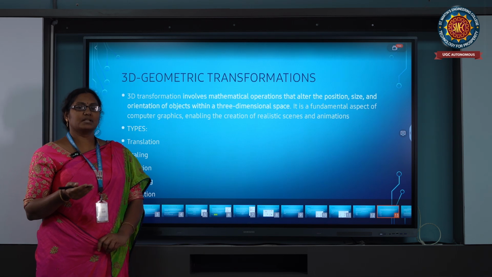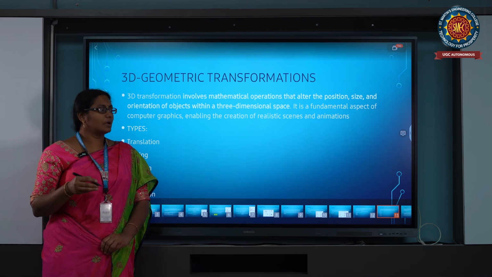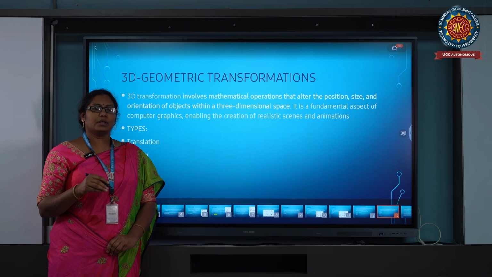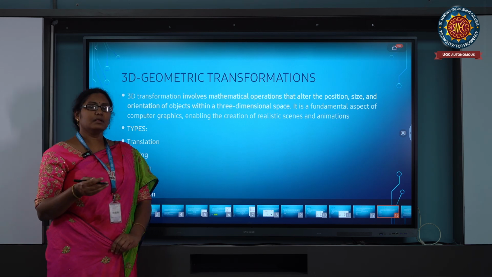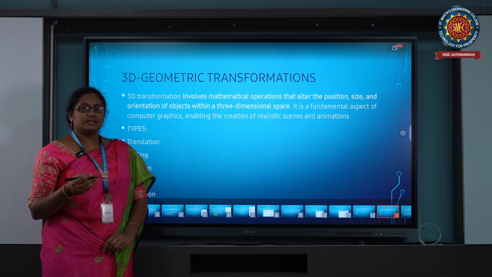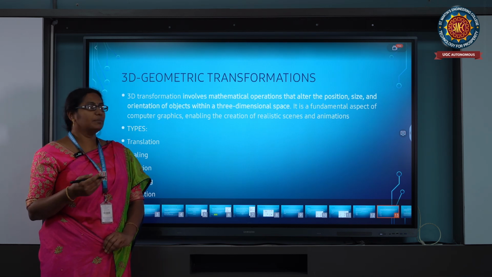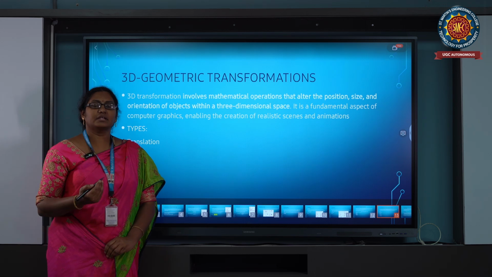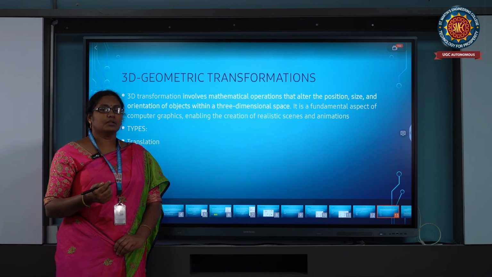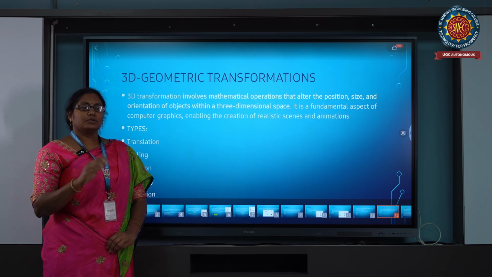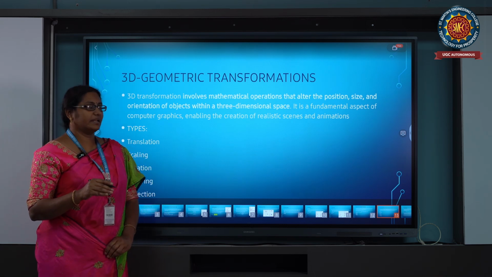Then you can apply rotation and reflection also. What is rotation? You can rotate the object in a circular path, applying some angles, such as 180 degrees. Next, what is reflection? The image will reflect in the x direction, which is opposite to the direction, and you can reflect the image in the y direction also.